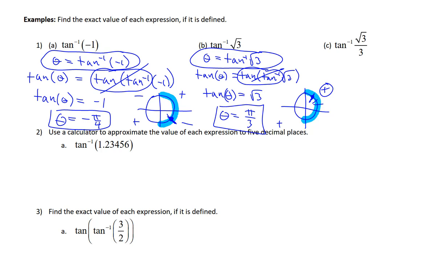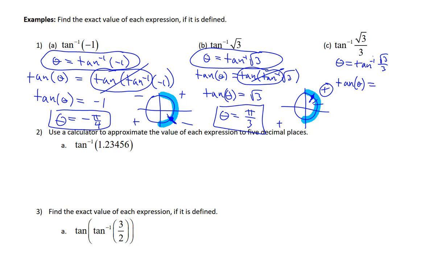Okay, and thirdly, we have part C, which says tangent inverse of root 3 over 3. Well, this is very similar to what we just did, so let's mark this down. If I let theta equal this, so I have theta equal to the tangent inverse of root 3 over 3, and I take the tangent of both sides, as we've been doing, tangent of the left side means tangent of theta.